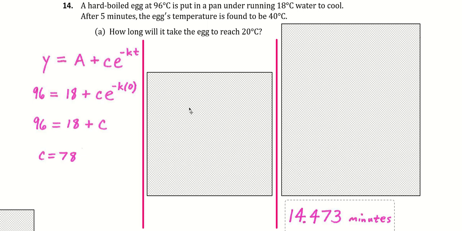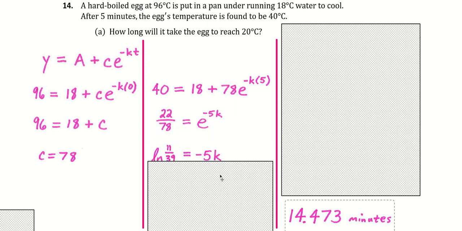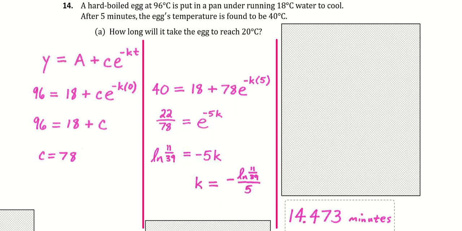And now we can do the whole thing where after 5 minutes, at 5 minutes, it's now 40, and we know we can plug in that for C. That allows us to find K, right? And remember, there technically is a negative here with the K. And now, phase 3, we can finally answer this question now that we know C and K. How long will it take?